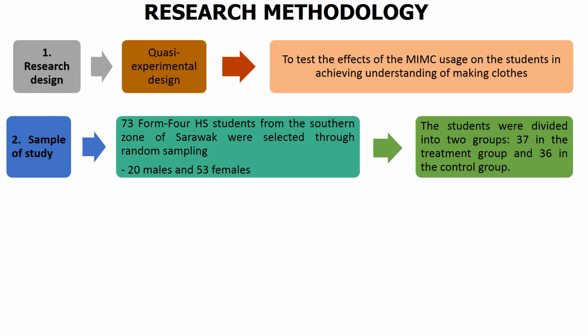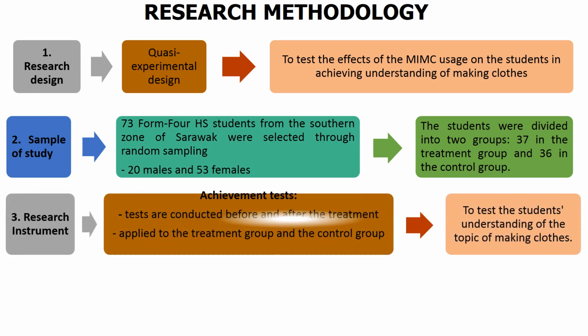The students were divided into two groups, 37 in the treatment group and 36 in the control group. I use an achievement test as a research instrument to test the students' understanding of the topic of making clothes. Tests are conducted before and after the treatment and applied to the treatment group and the control group.